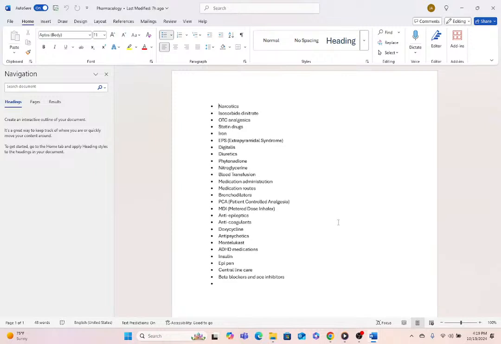Okay, now, the next thing, what are the different types of isolation precaution? Contact, right? What else? Droplet, right? And then what else? Airborne. Okay, now, there are actually two special isolation precautions, which is, you have two special ones.